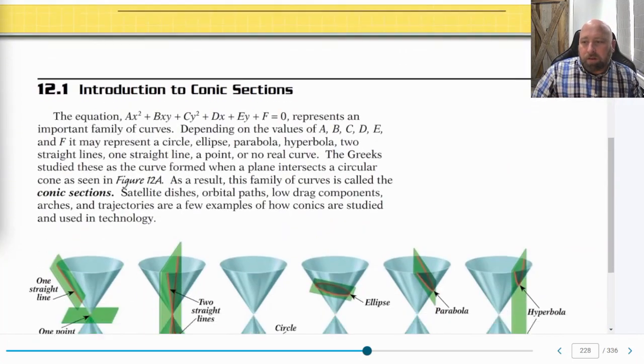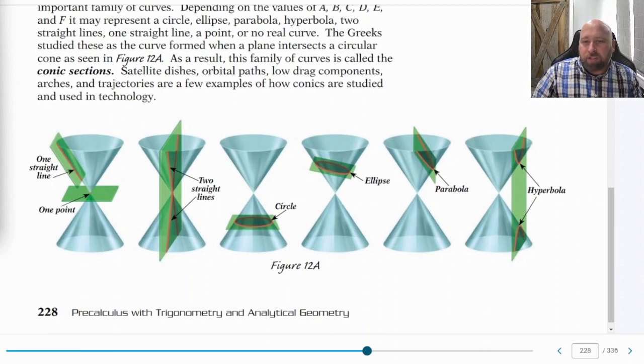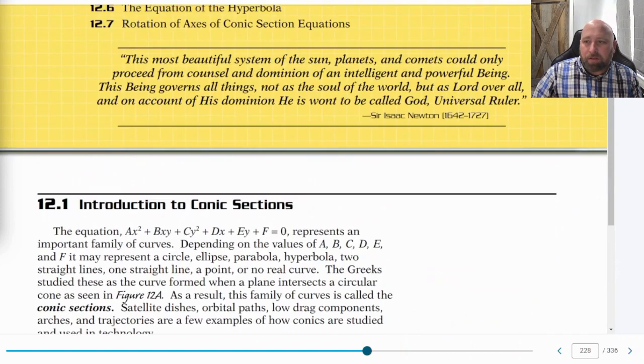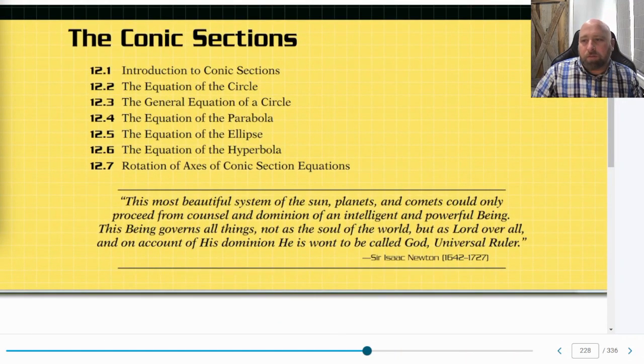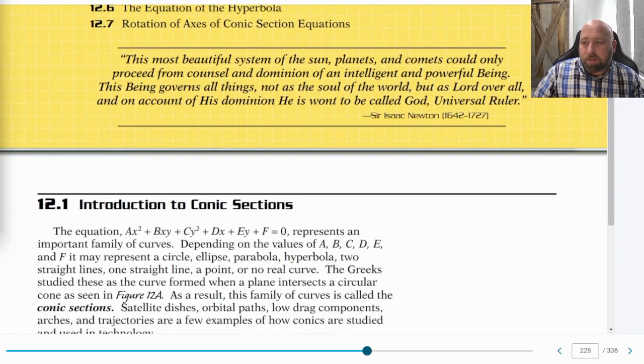If you're looking down there in your book, you have some shapes underneath the cone, and it shows you different pieces of that. We'll talk about this in just a second. But the geometrical shape, the cone, is what we're dealing with in this section. We'll be doing the introduction in this lesson. We're actually going to do 12.1 and 12.2 in this video, and then we'll do some other videos on the rest of the information here.